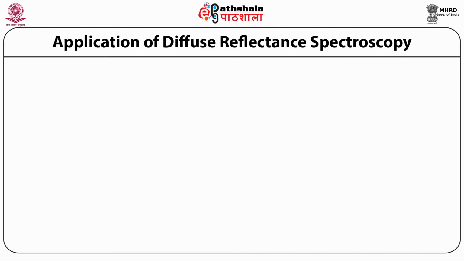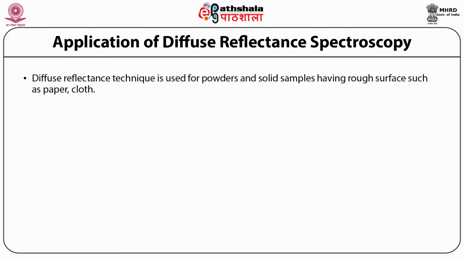Application of diffuse reflectance spectroscopy. The diffuse reflectance technique is used for powders and solid samples which have a rough surface, such as paper or cloth.